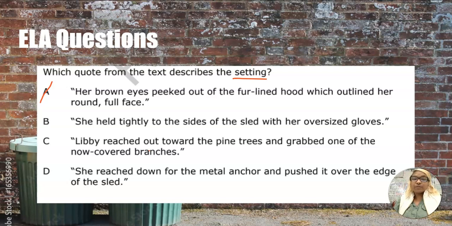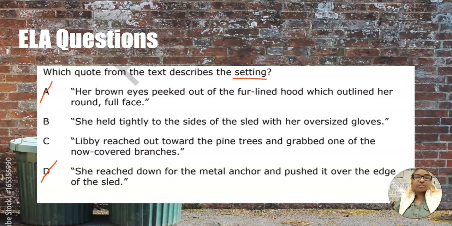D, she reached down for the metal anchor and pushed it over the edge of the sled. Again, we have sled there, but it's not necessarily giving us any indication of where she is. So with this one, I truly think there could possibly be three throwaways, but we always do at least want to get down to two.